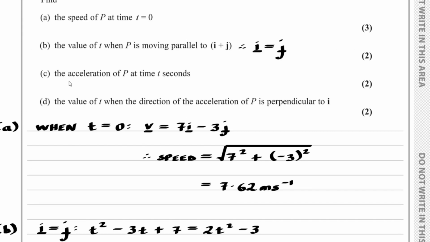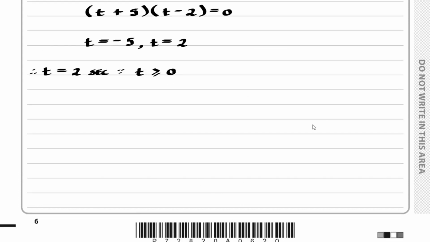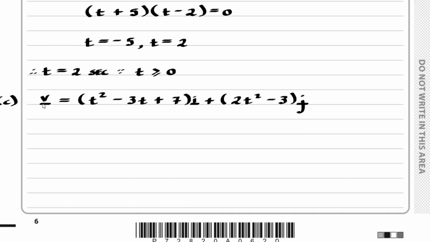For part C, we have to find the acceleration of P at time t seconds. We know what v is, that's given by t squared subtract 3t plus 7 in the i direction, plus 2t squared subtract 3 in the j direction. We are required to find the acceleration, and the acceleration is equal to the derivative of the velocity with respect to time.